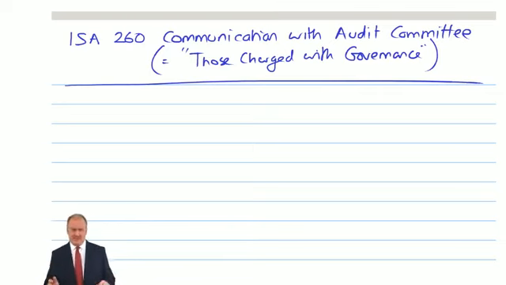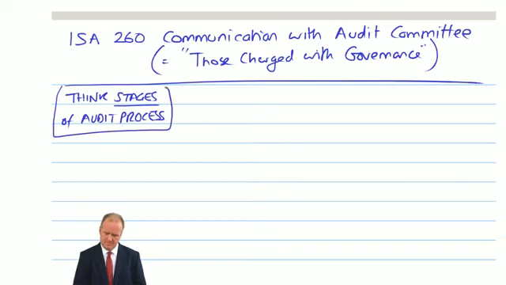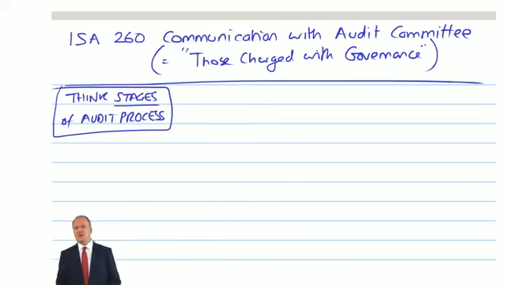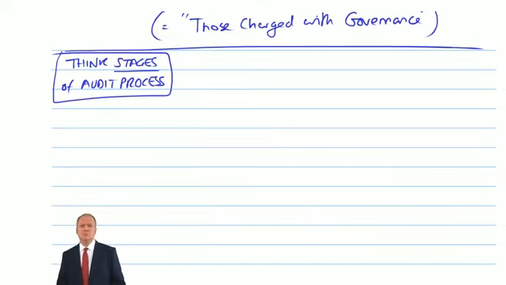Well, the way I would look at this is I would tell you, think through the stages of the audit process and from those stages we'll just think what are the most important things. So when we study F8, what are the stages of the audit process?